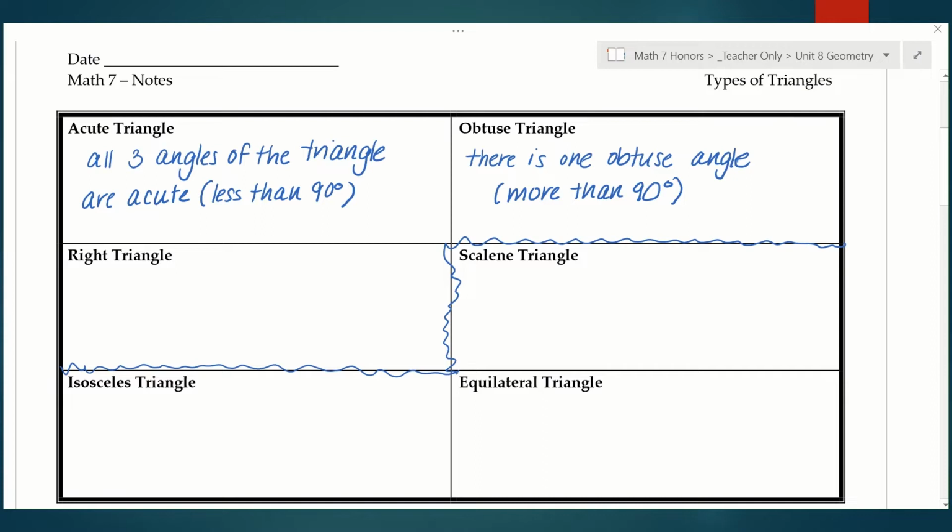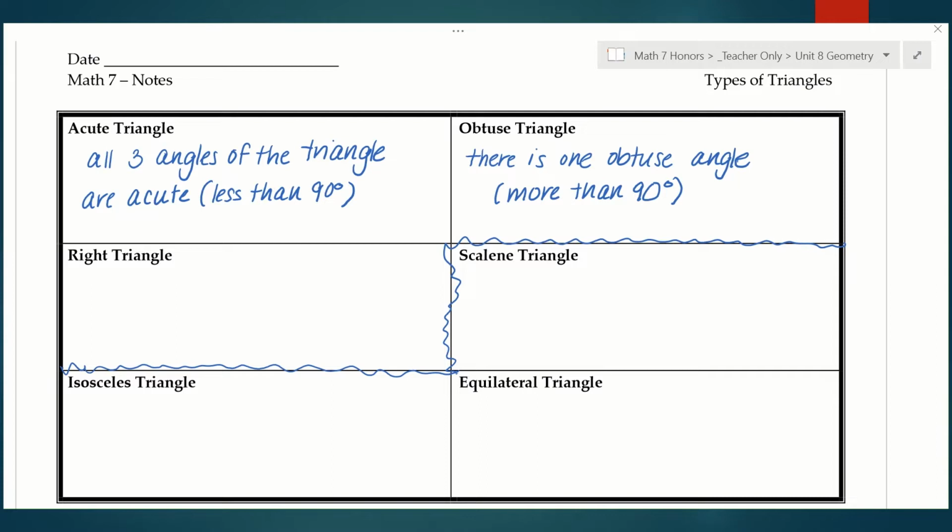I don't know if you knew this, but a triangle's angles always add up to 180 degrees, so it is impossible to have more than one obtuse angle in a triangle. So as soon as you see that there is one obtuse angle, we can say it is an obtuse triangle.